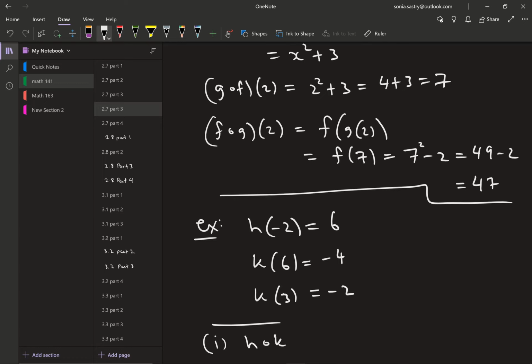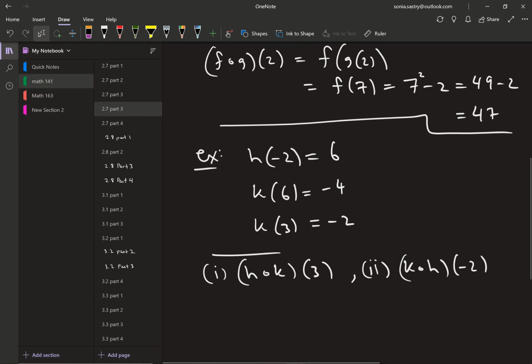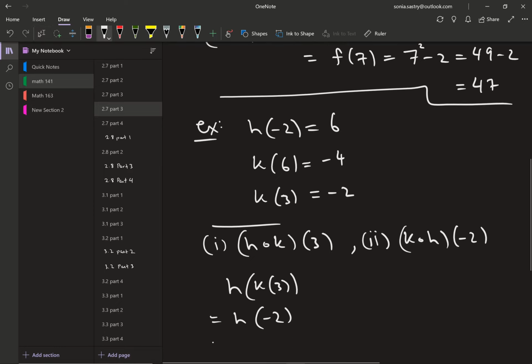We want to compute h composed with k of 3, and we also want to compute k composed with h of minus 2. How would we do this? Well, this is h of k of 3 for one, which is h of negative 2, which is given to us as 6. So that's the first one.